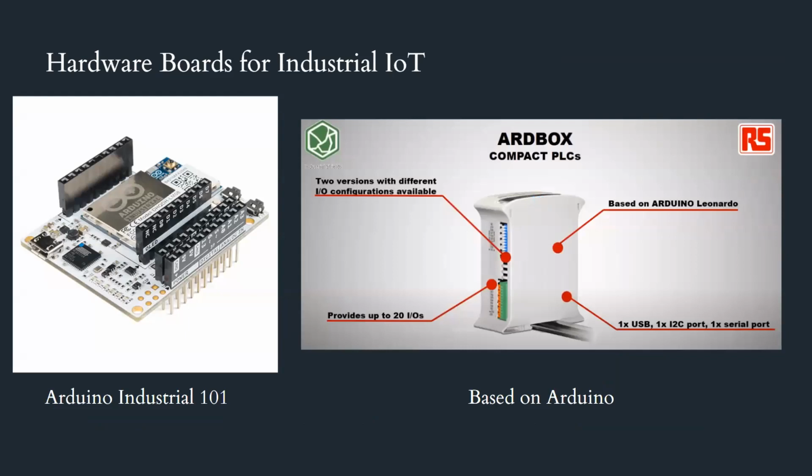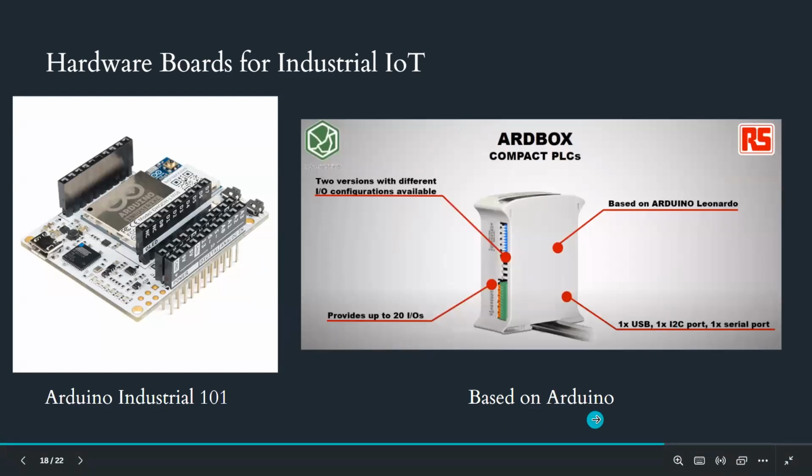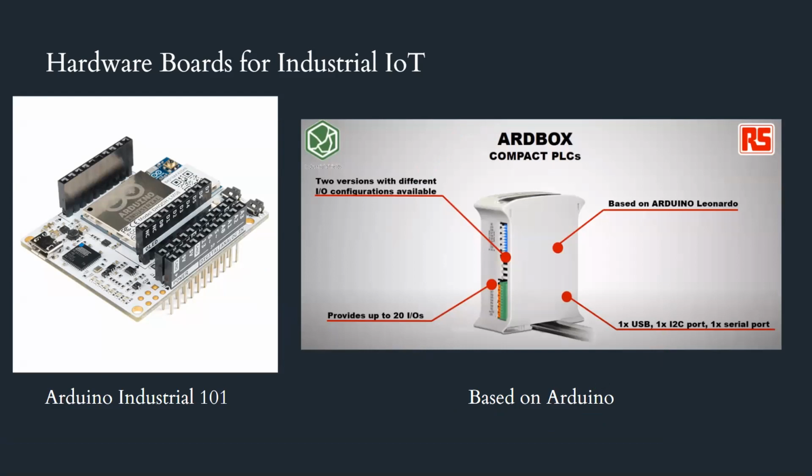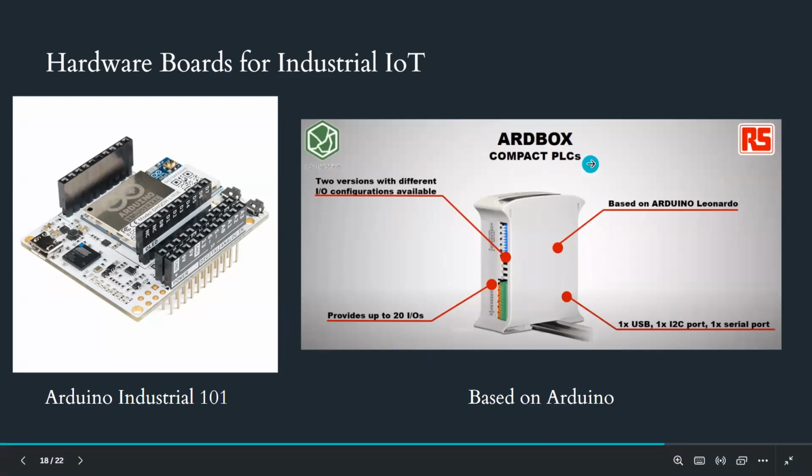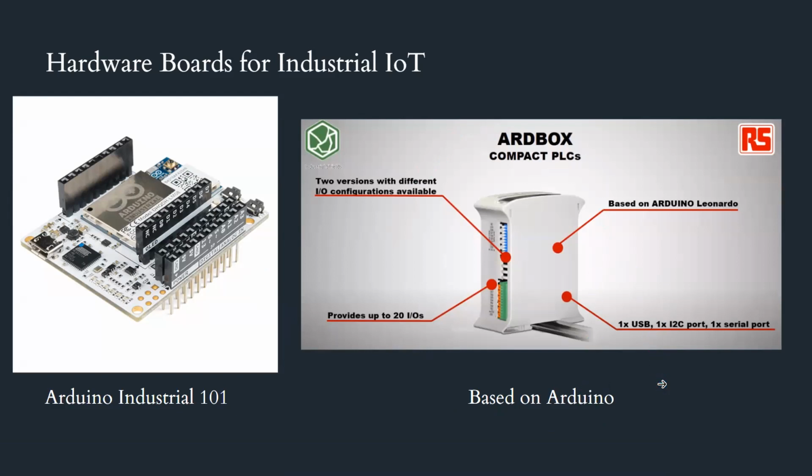The embedded systems in IIoT are also different. Arduino embedded controller systems are more robust than the normal Arduino. Then you also have integrated PLCs used with Arduino. PLCs are the processing units basically used in manufacturing facilities.